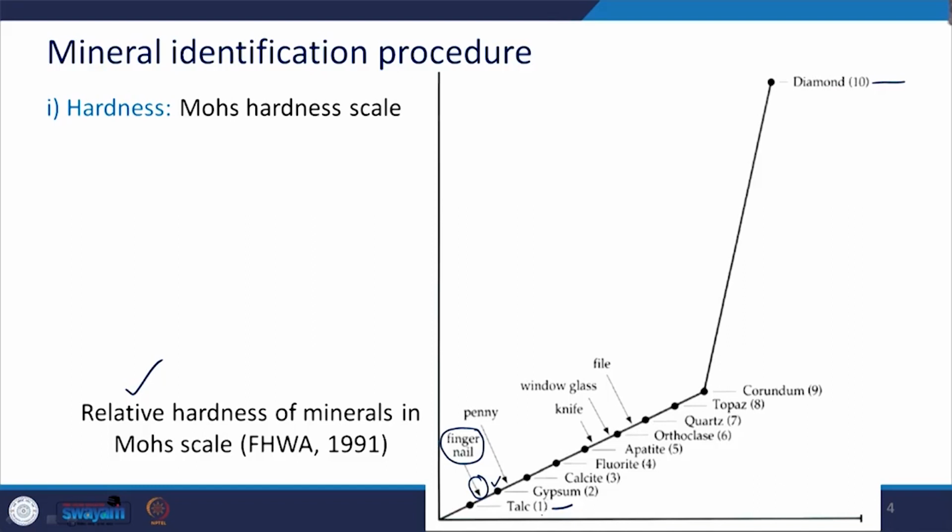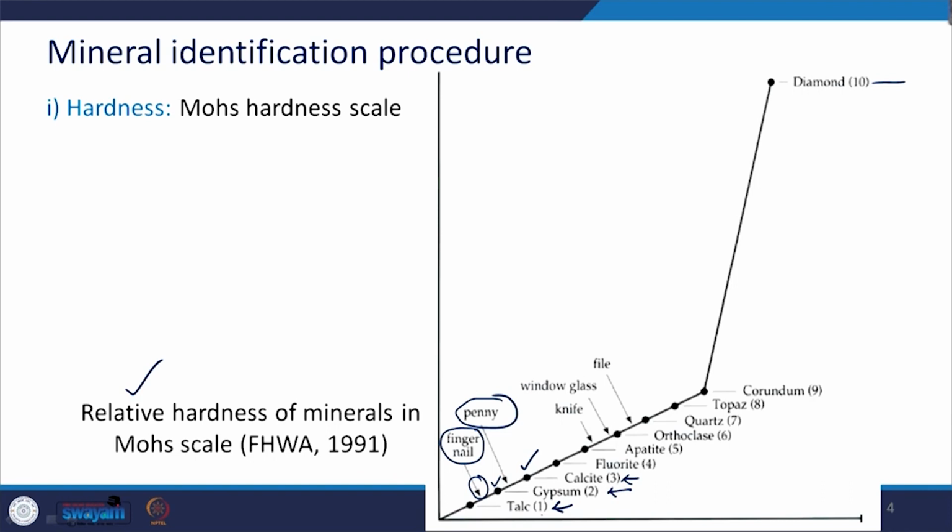As we go ahead, at third number we have calcite. That means calcite's hardness is more than that of gypsum and more than that of talc. In between gypsum and calcite we have the penny.